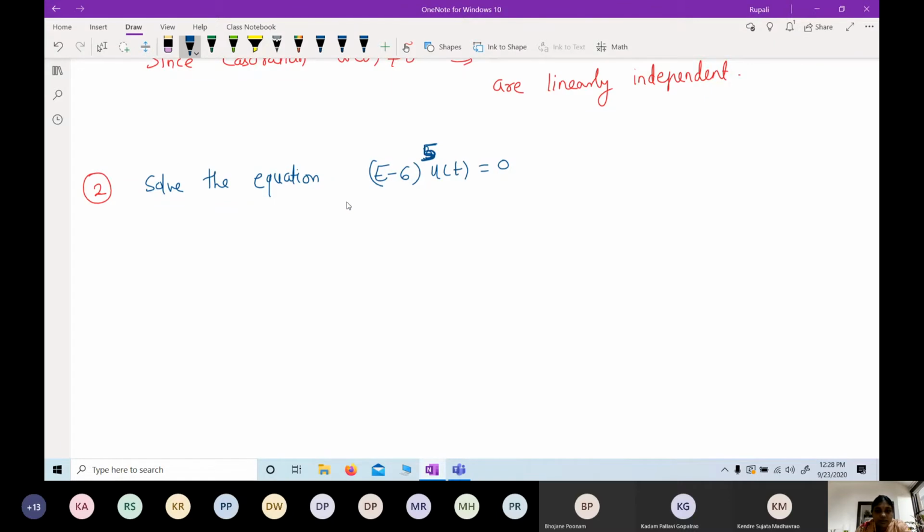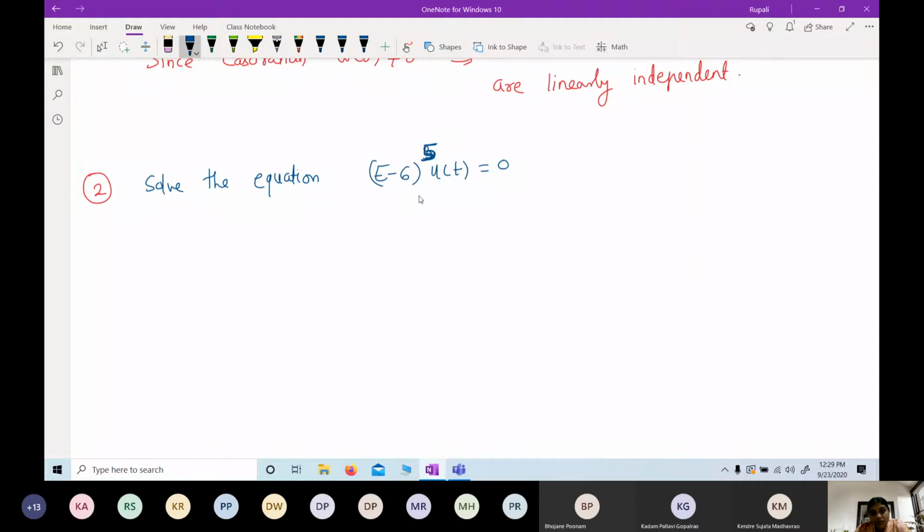This difference equation is given in terms of E, the shift operator. So what is the order of this difference equation? It is 5, E minus 6 raised to 5.